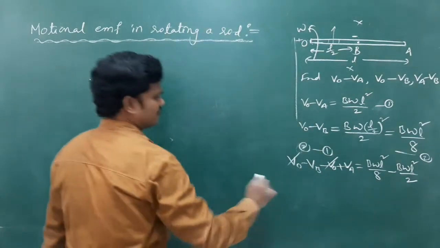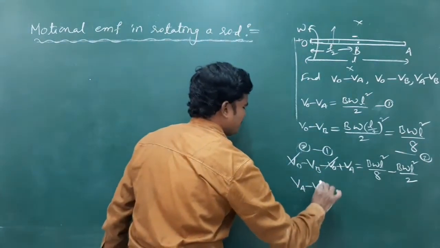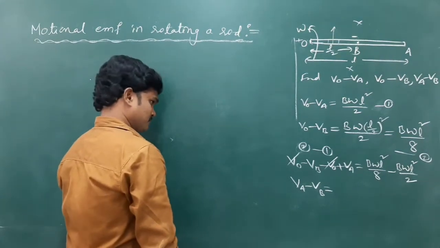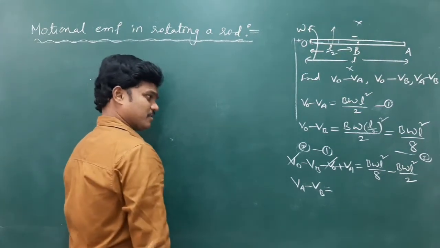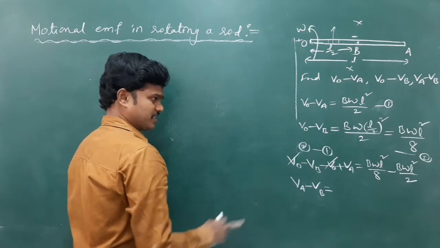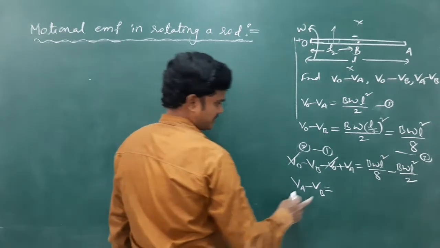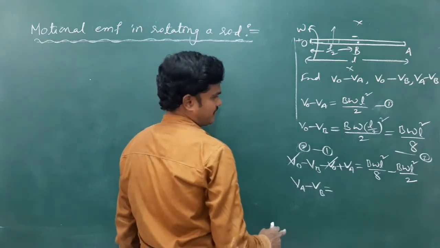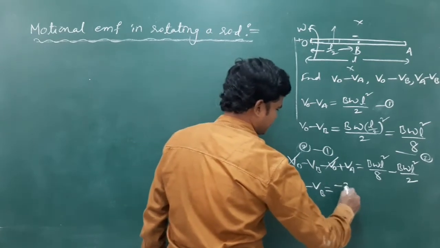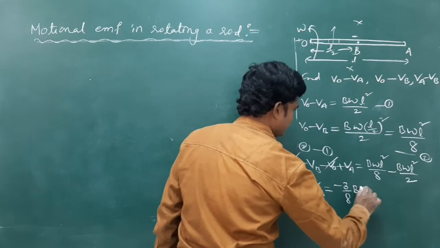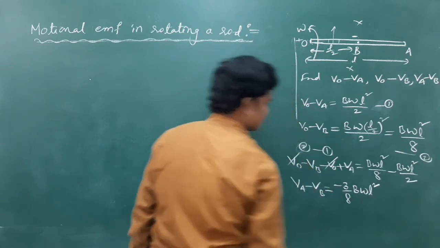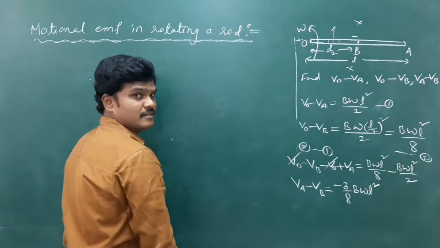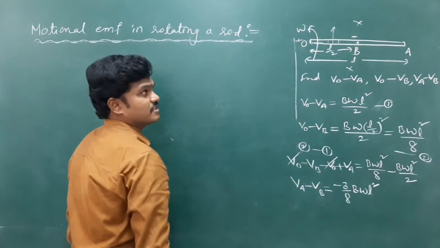So VA minus VB is B omega L square by 8, 1 by 8 minus 1 by 2, that is 1 minus 4 over 8, so minus 3 by 8 B omega L square. So which is highest potential? Is it A or B? B is highest potential.